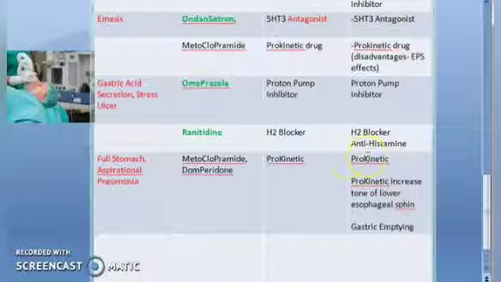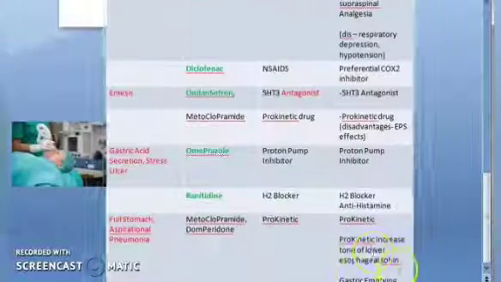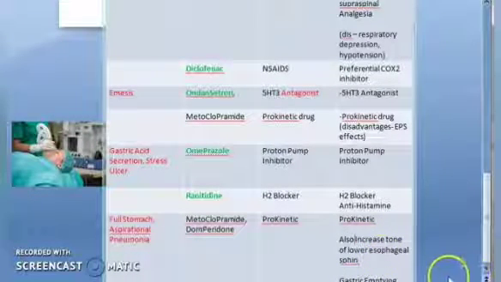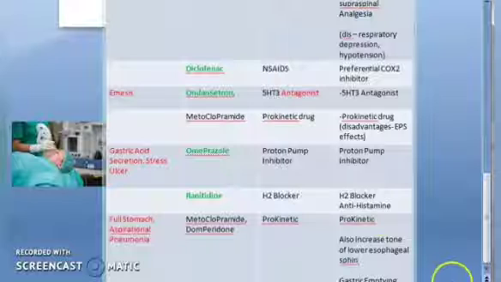So prokinetic drug it is, it will actually hasten gastric emptying, so towards the intestine, so that you can prevent aspirational pneumonia. Okay. So guys, we are done with all the drugs for pre-anesthetic medication.